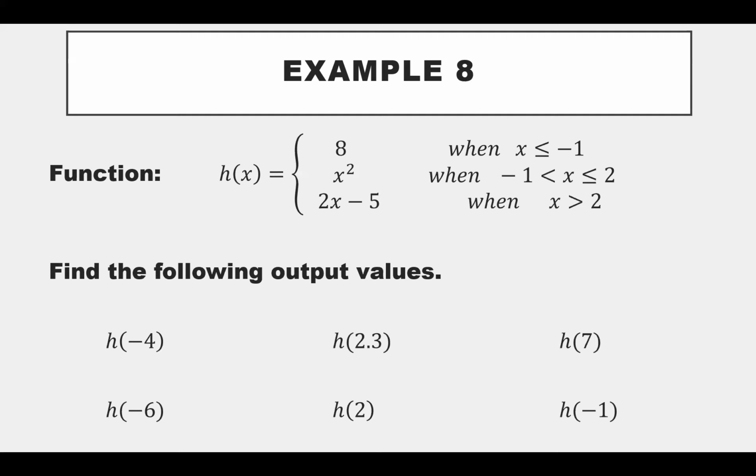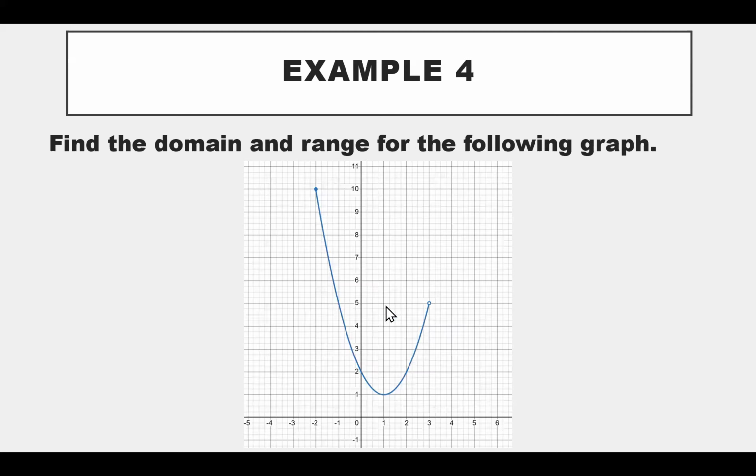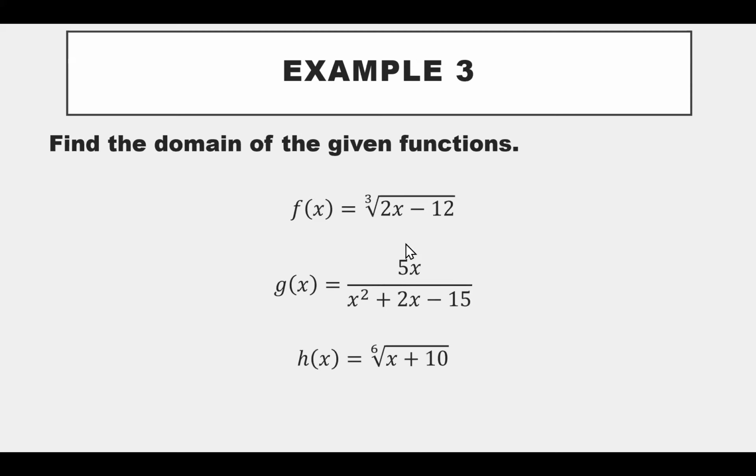So that's it as far as this section goes. We've looked at a lot of different things. We've looked at piecewise defined functions. We've looked at domains and ranges of graphs where we have restricted domain and ranges. We've looked at domain for various functions.